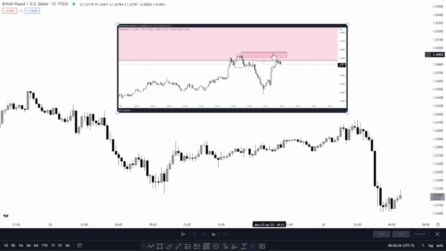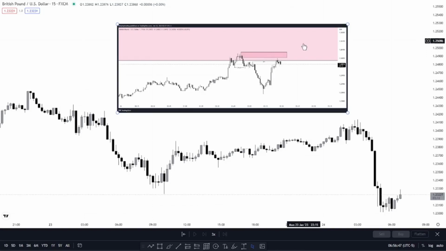But this 1 minute setup failed, and I'm going to tell you the reason why it failed as we get into the breakdown proper. But the 15 minutes point of interest held and caused price to drop massively.